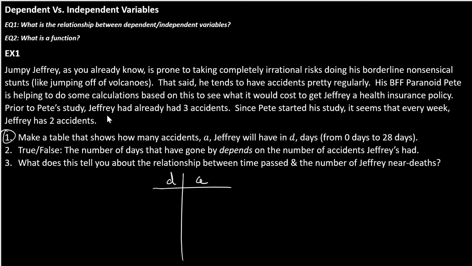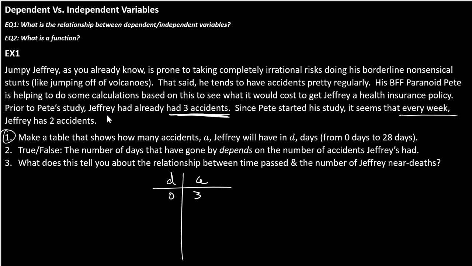At 0 days, obviously he has already had 3 accidents, because this is prior to his study. So even at 0 days, he's already had 3.